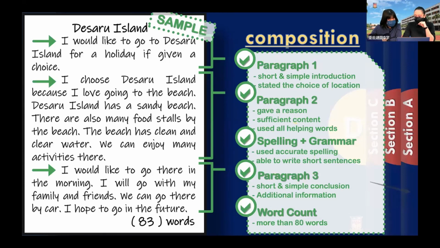What is the full marks the teacher gives for essays? The full marks for an essay would be 30 marks, right? Yes, but depending on the content as well. So remember to use the 5W1H approach, and if possible, you can use some idioms to make your essays more interesting.